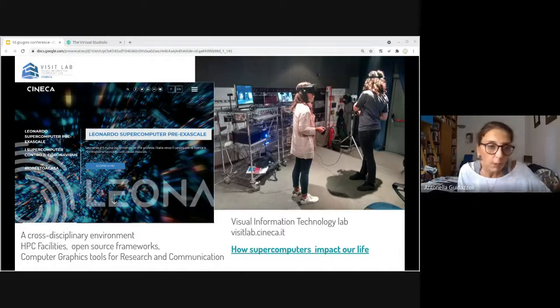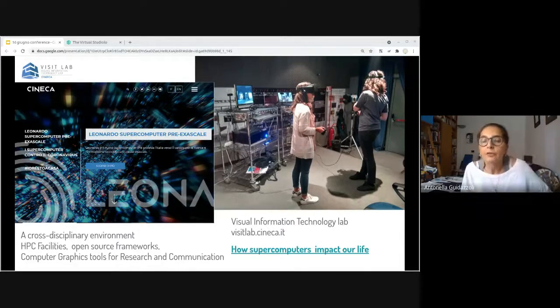And currently we are involved in many European projects regarding drug design, because supercomputers are useful to try to find faster a set of molecules in order to fight COVID. So supercomputing is really a sort of virtual laboratory that researchers can use.